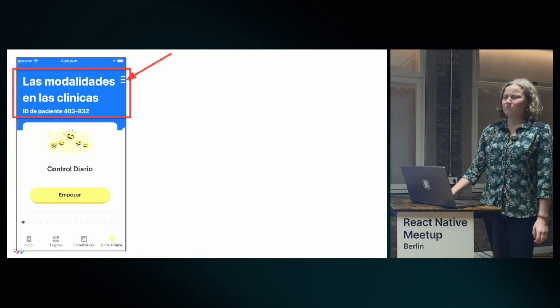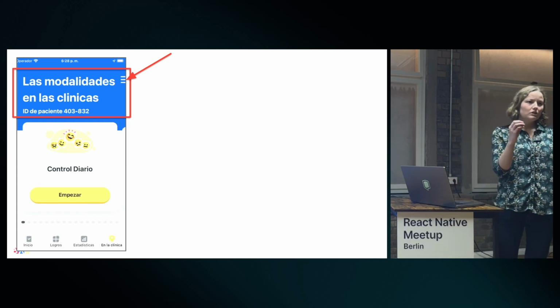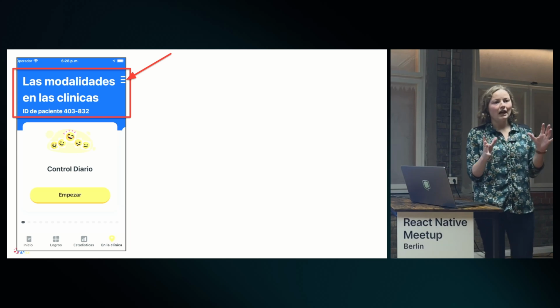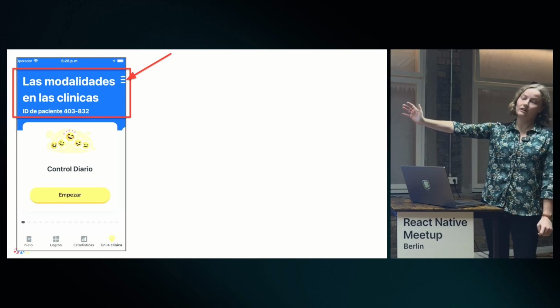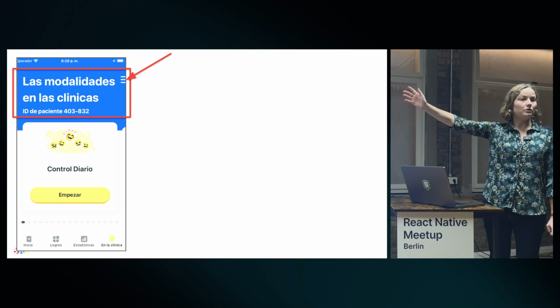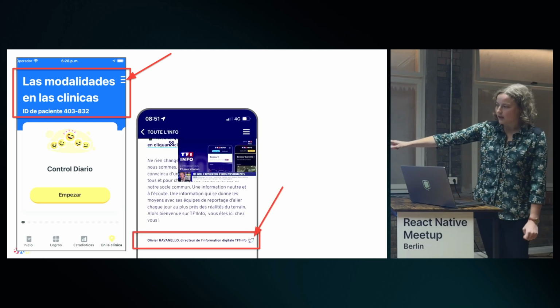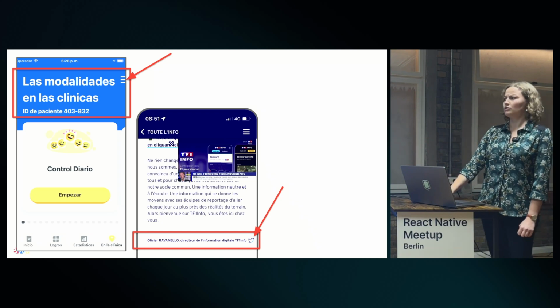And why do I speak to you about that tonight? Well, it's because it's one of the most common bugs I've ever seen on React Native. I've seen it on every project. This, for example, is the health tech app I was working with last year. You see the burger menu is going out of screen. Or here, the Twitter icon is not supposed to be that close to the border of the screen, so the margin is not right.